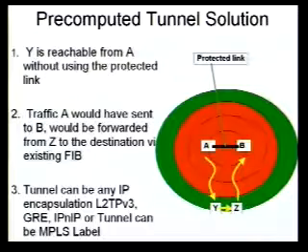Here is a little bit more of a sense of the pre-computed tunnels. In this example, the link that you're trying to protect against the failure of is from A to B. And even without that link, if that link fails, A can still reach Y. So it can do a tunnel to Y. Now, Y may or may not be able to reach B directly, and destinations which were reached previously beyond B. But if Y can't directly reach B and destinations beyond it, using its shortest path without going through that link, then in this example, Z can.